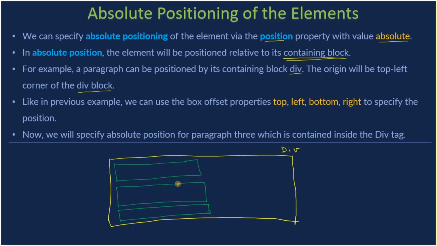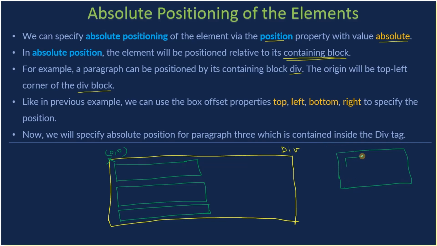So using the absolute position, we can specify the position based on the containing block's origin 0, 0. From here we can specify the top and left and thereby position the paragraph. So using the div tag, you can even position the paragraph as you like just by specifying the top, left, bottom.